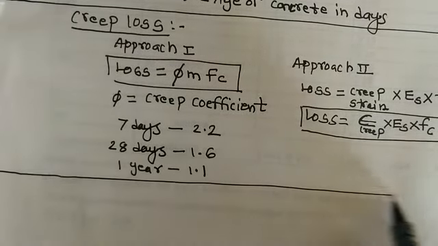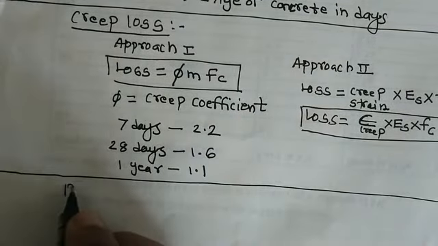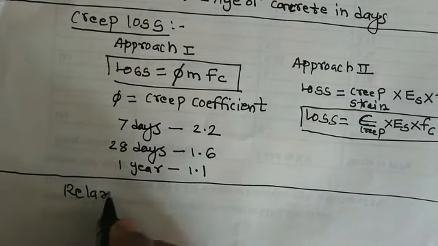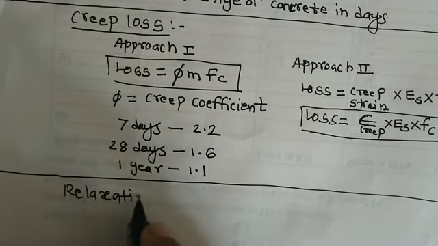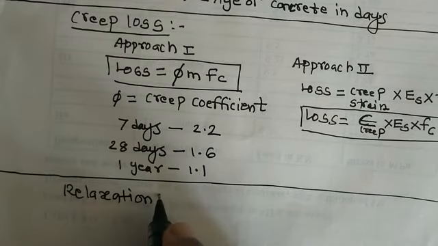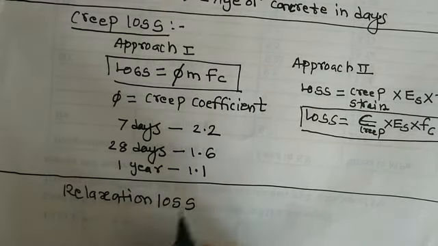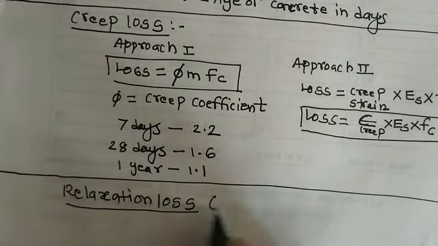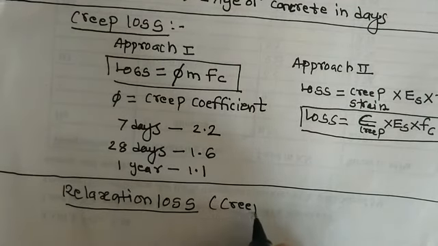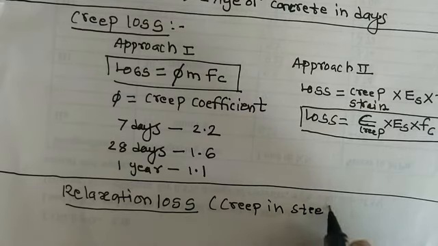Finally, the relaxation loss. Relaxation loss is also called creep in steel loss.